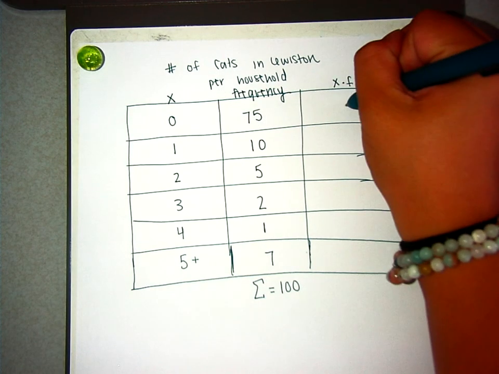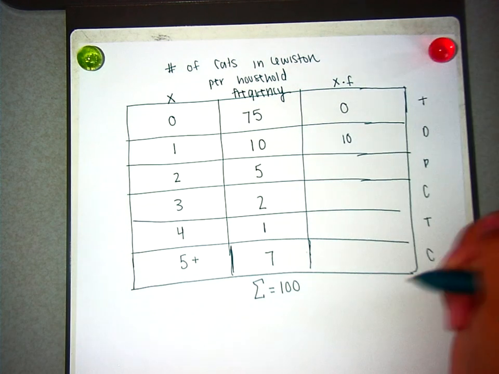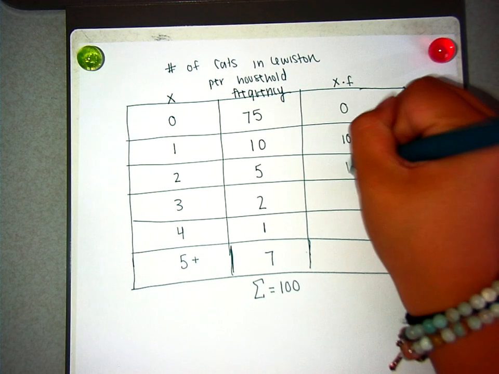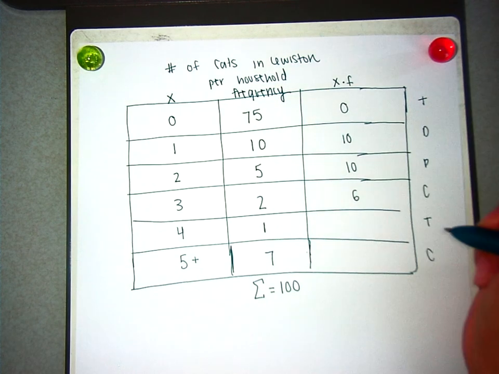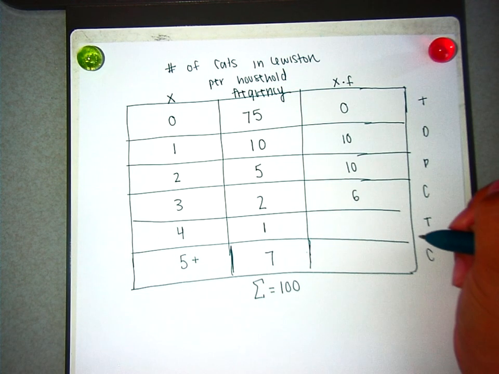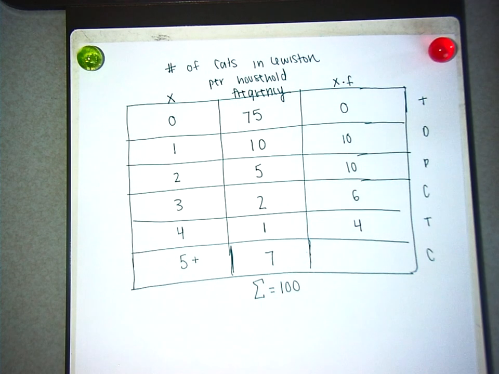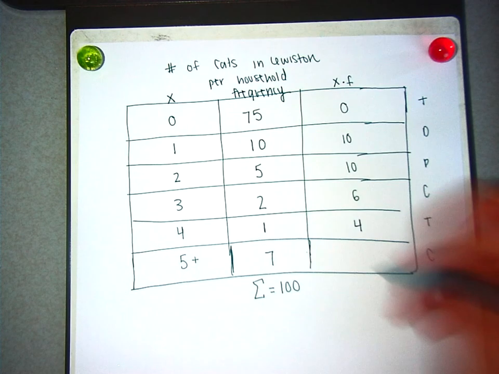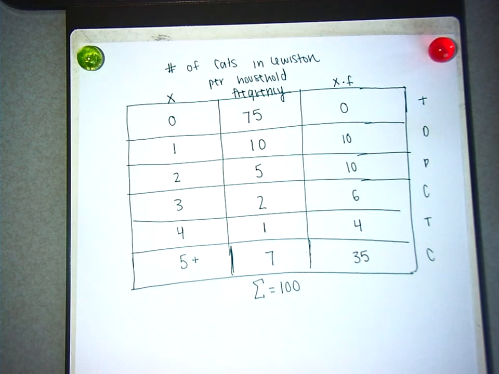Done. How would you do 5 plus times 7? We're just going to count it as 5. 35. If you ever have a range, you can always take the midpoint and use that, but we don't really have a range. So now we've got to add this up.